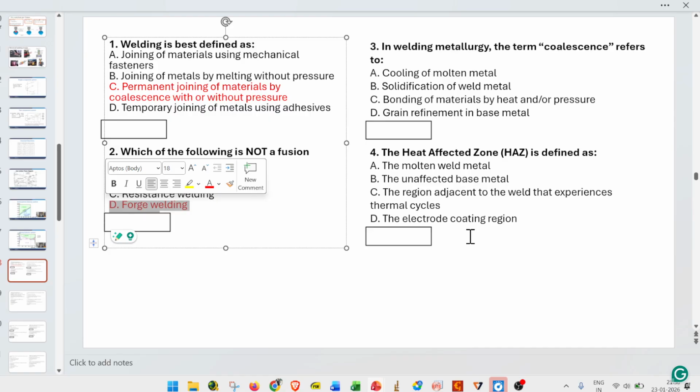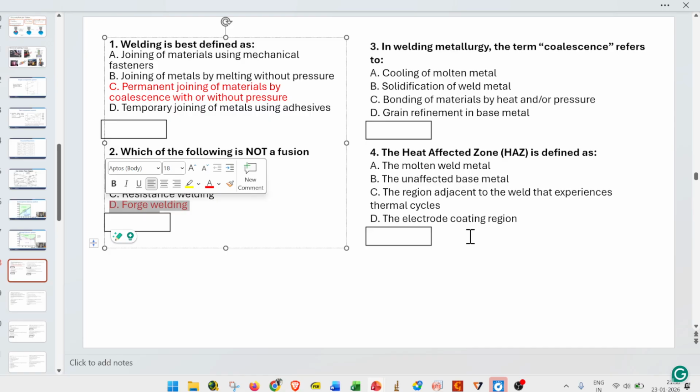It will be the bonding of the metals by heat and or pressure. That is nothing but the welding definition.